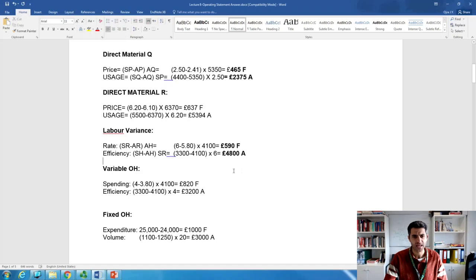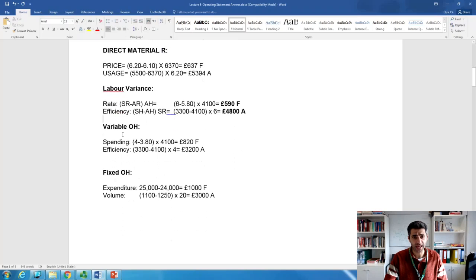In terms of variable overhead, we absorb it based on the number of labor hours, so we are using exactly the same formulas.